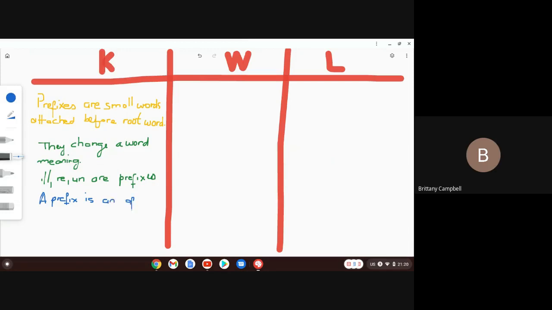What it says here. So a prefix is an affix. Awesome. A-F-F-I-X. Another one. Okay, share it with me. She starts preschool this fall. Awesome. So she starts, S-T-A-R-T-S. Preschool, P-R-E.